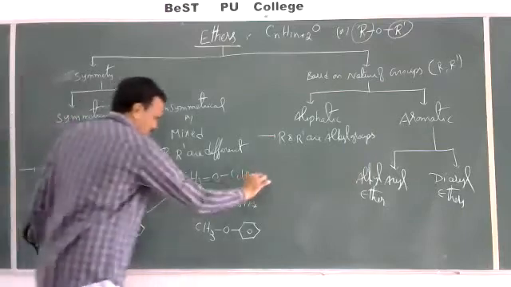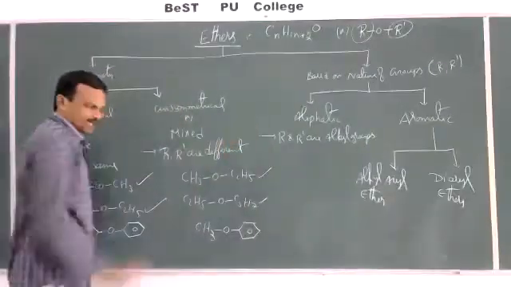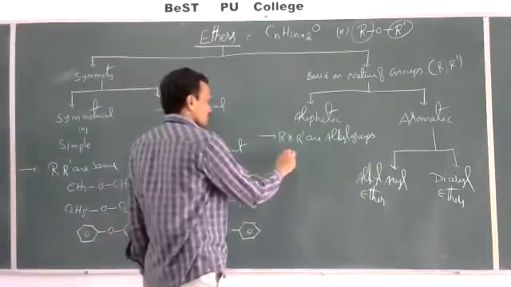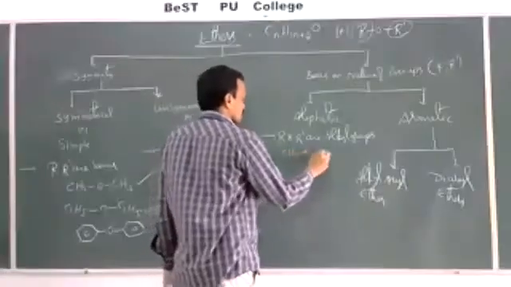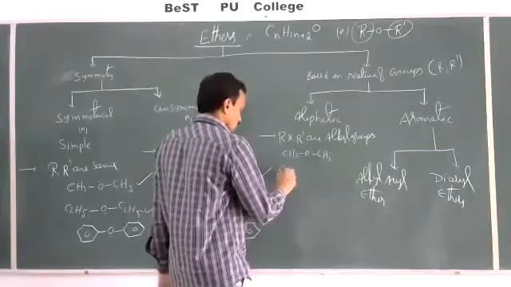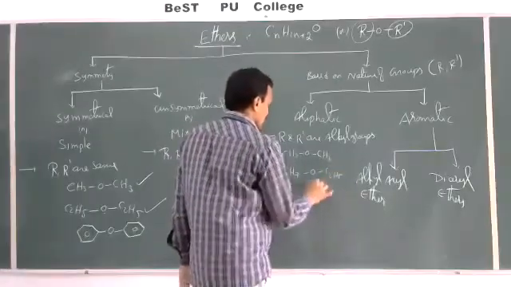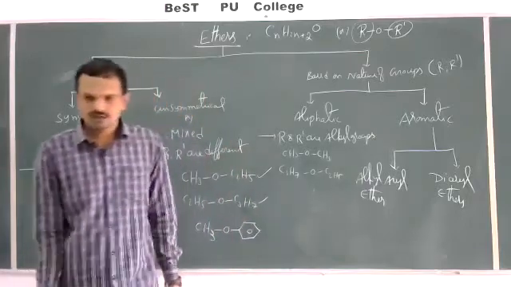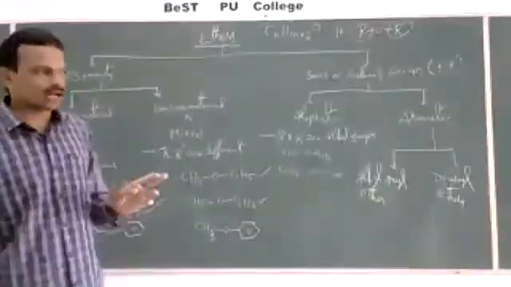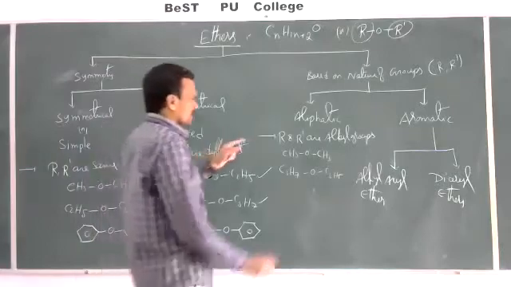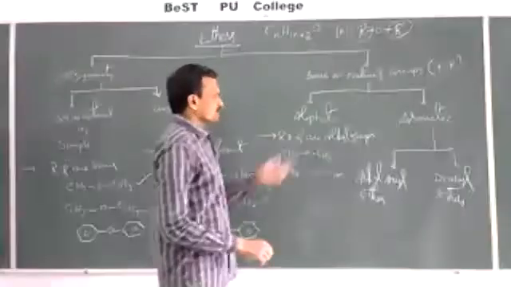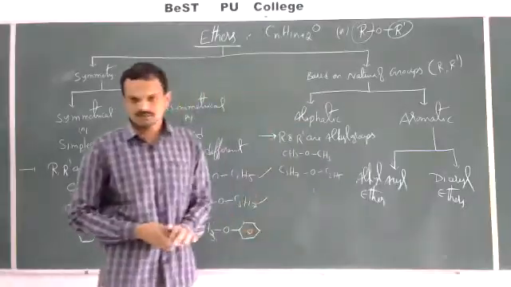You can take examples here: CH3OCH3, otherwise C3H7OC2H5, like this you can write. Both groups, R and R dash, must be alkyl groups. Then it is called an aliphatic ether.